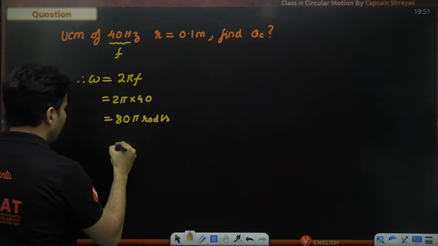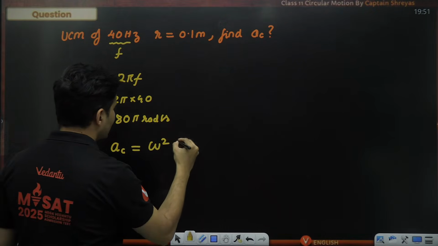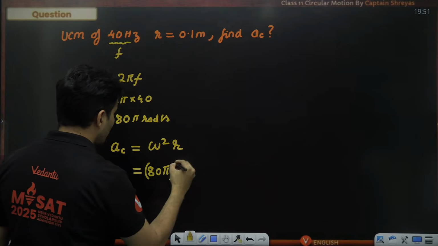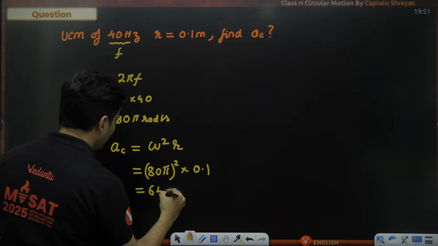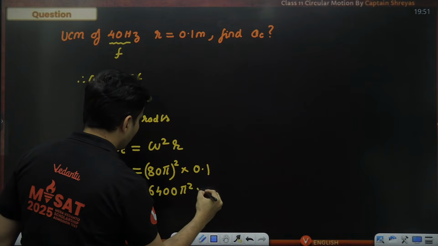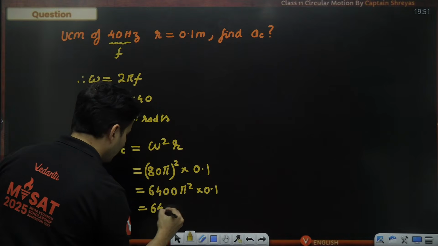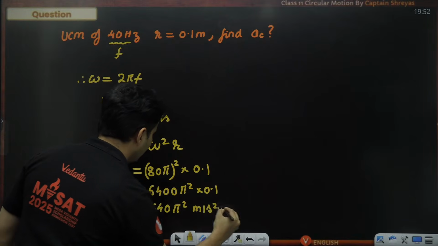Great. So now we'll find centripetal acceleration, which is nothing but omega square r. Omega is 80 pi, so 80 pi square into radius, which is 0.1. 8 square is 64. So 6400 pi square multiplied by 0.1. So it will become 640 pi square meters per second square.